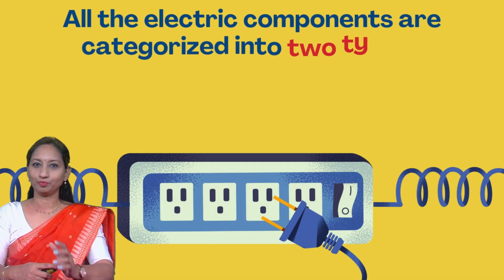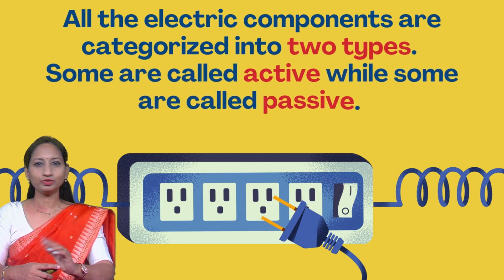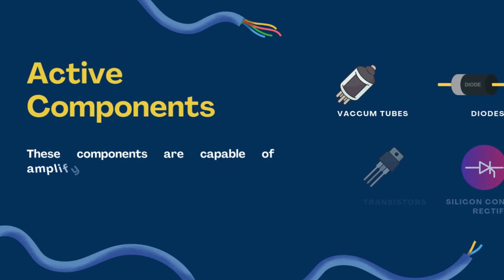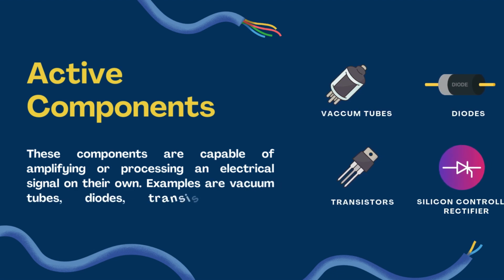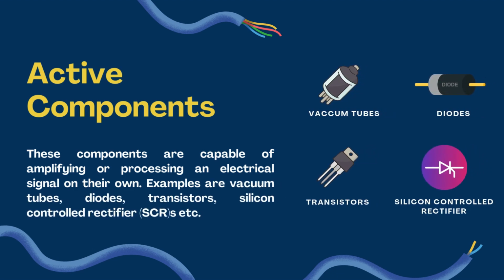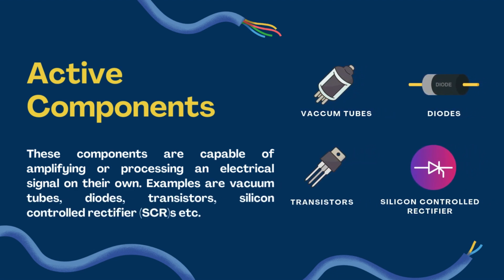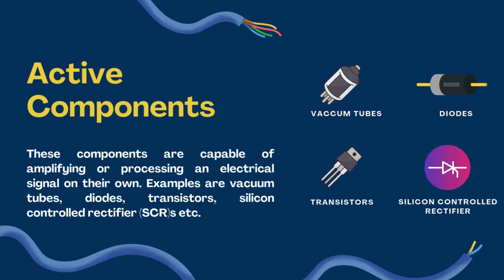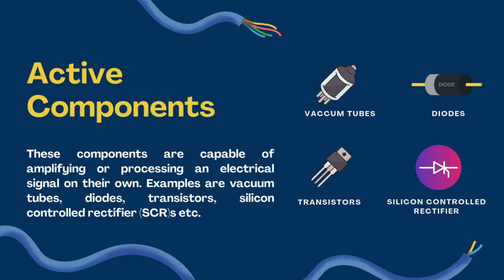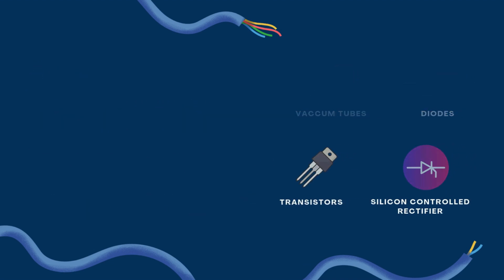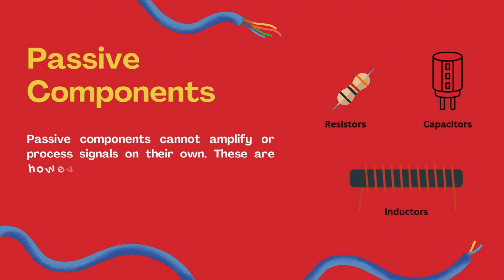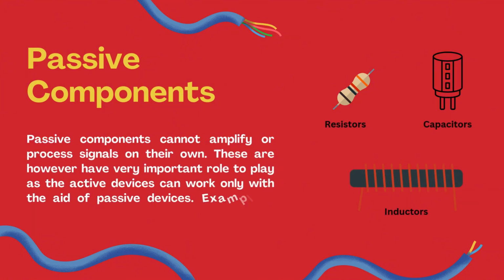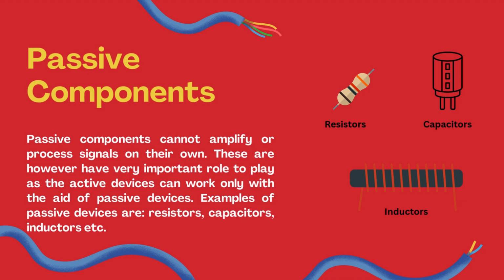All the electrical components are categorized into 2 types. Some are called active while some are called passive. Active components are capable of amplifying or processing an electrical signal on their own. Examples are vacuum tubes, diodes, transistors, silicon controlled rectifier, etc. Passive components cannot amplify or process signals on their own.